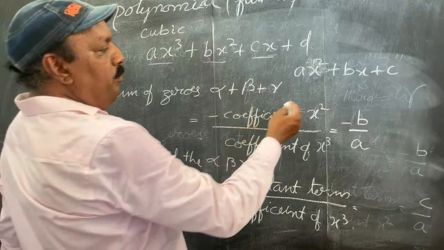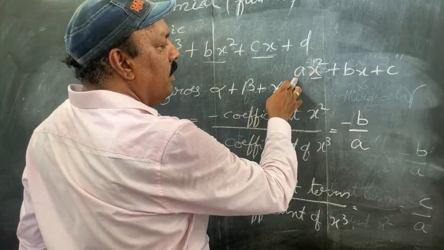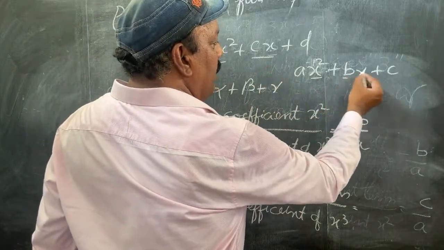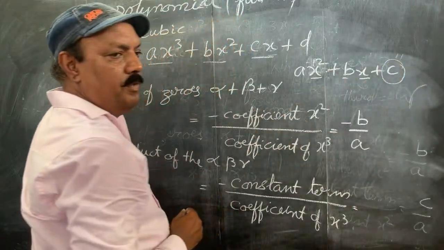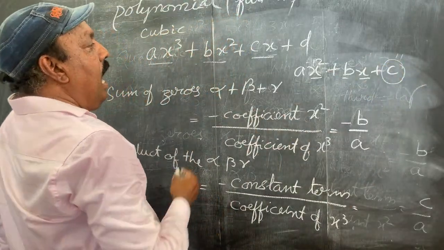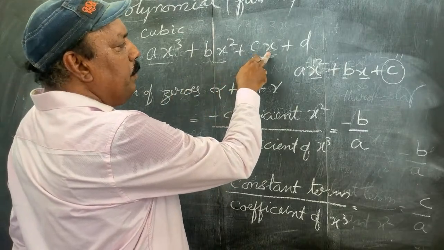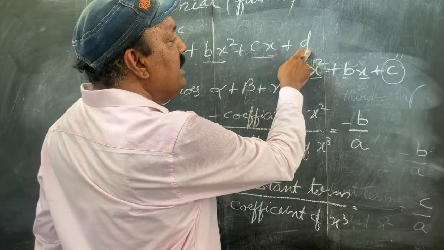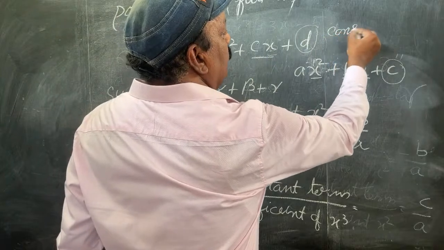In the quadratic polynomial, in front of x square is a, in front of x is b, and afterwards c. C is the constant term. Here, in front of c, x is there, so it is not a constant term, but after that, d is there. In the cubic polynomial, d is the constant term.